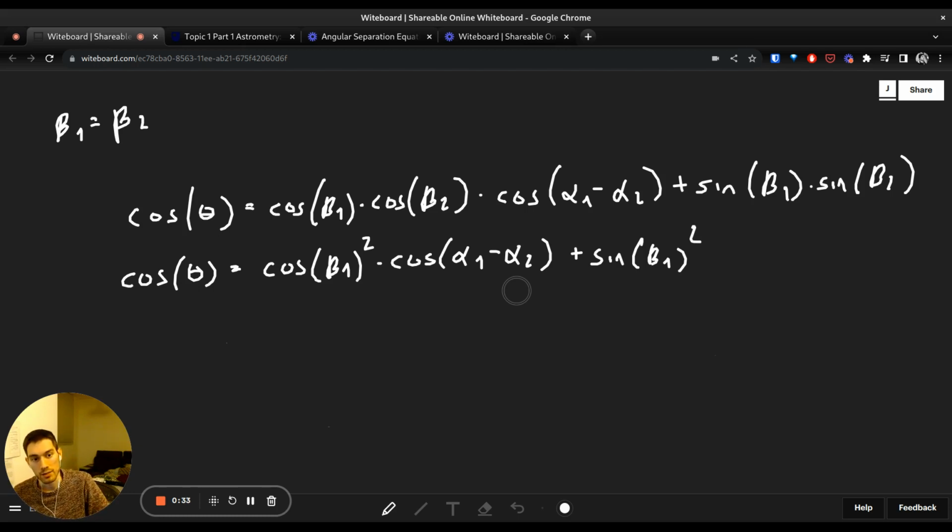Cool. There's going to be one assumption here, which is that the difference of alpha is really, really small.